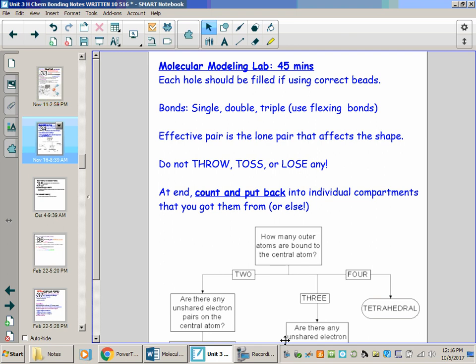So it has to have a double bond, so it has this is so, oh my god, let's do it.